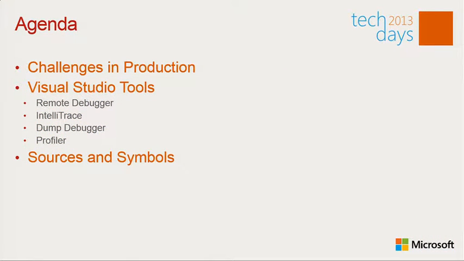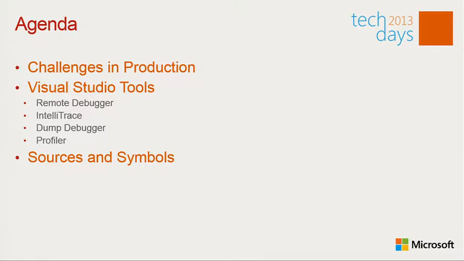So what are we going to talk about more specifically? First, I'm going to talk a little bit about what the challenges are that you see in production that you don't necessarily see during the development part of the cycle. And then I'm going to talk to you about 4 different tools that we have within Visual Studio that you can use for diagnosing those issues.